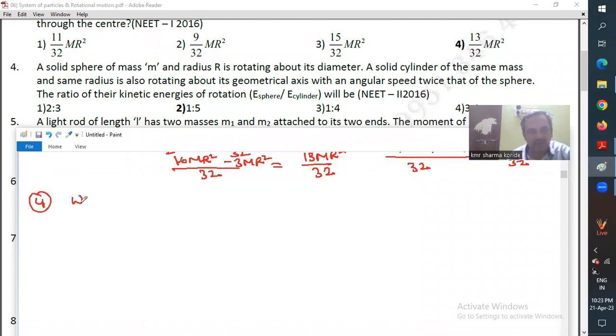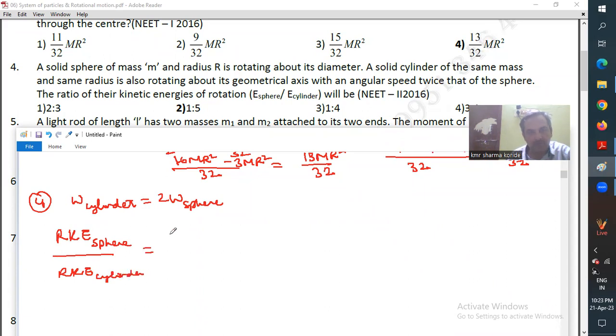So therefore, the angular speed of the cylinder is twice that of the sphere. Find the ratio of the kinetic energies of rotation. So therefore, you need to find the rotational kinetic energy of the sphere to the rotational kinetic energy of the cylinder.